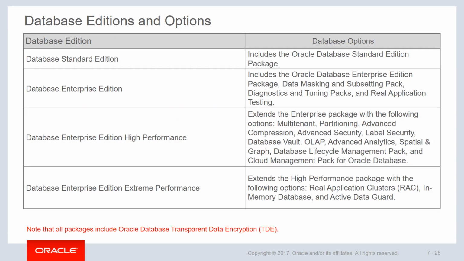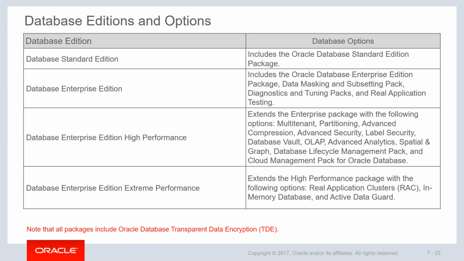Now, the different database options that are available, of course, are standard, enterprise, enterprise high performance, and enterprise extreme performance. It's important to note that TDE, or transparent data encryption, is included regardless of the database edition selected by the customer.